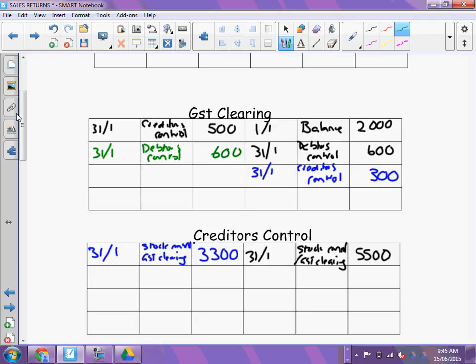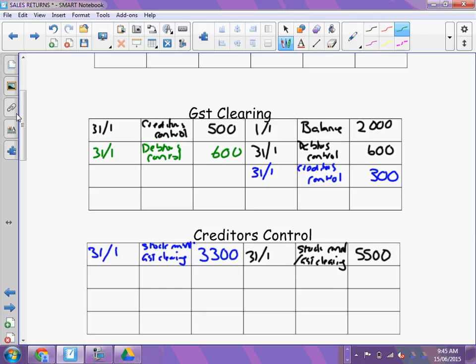And now you can see the stock that we bought had the stock that we sold collected GST. Now it is not going to have to be collected, so that's why they sort of cancel each other out, so they all got returned. So debit sales return, debit GST clearing.